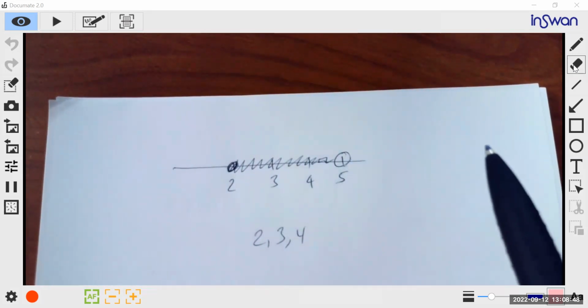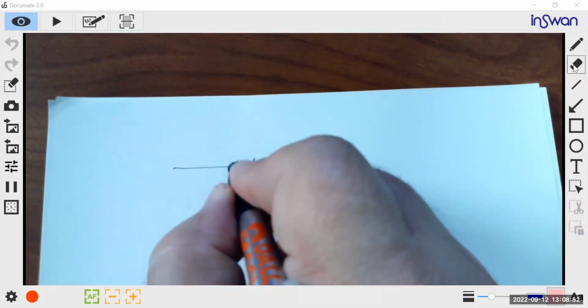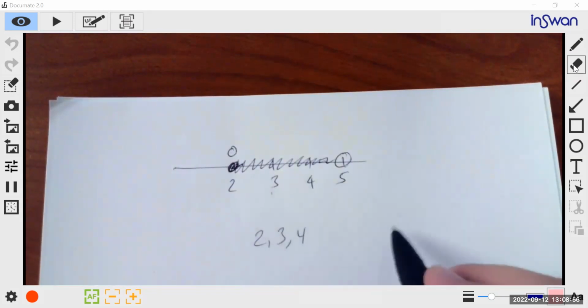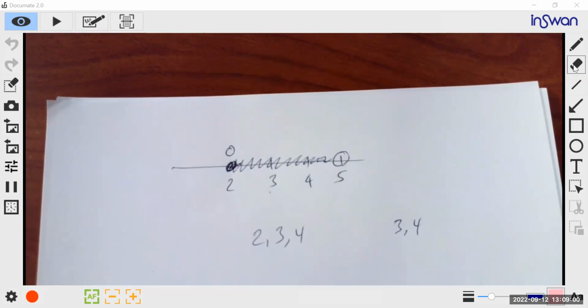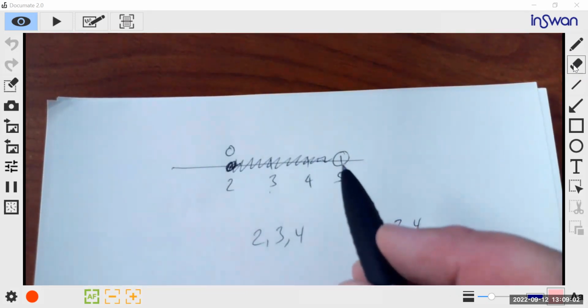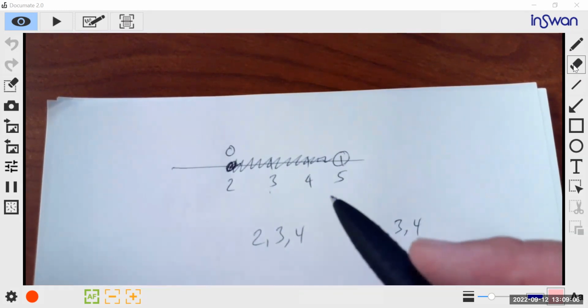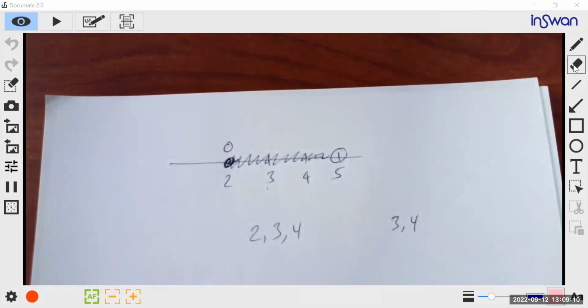That's what it's saying to me. If they were both open, the only numbers I can give you are the ones between, right? In other words, if it's a solid dot, I can include it in my list. If it's an open dot, I can't use it. I can go all the way up to it, but I can't go to that actual number. That's what I'm talking about when I'm saying open and closed interval or dot.